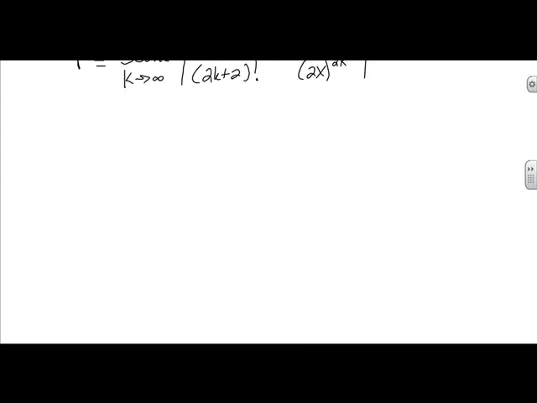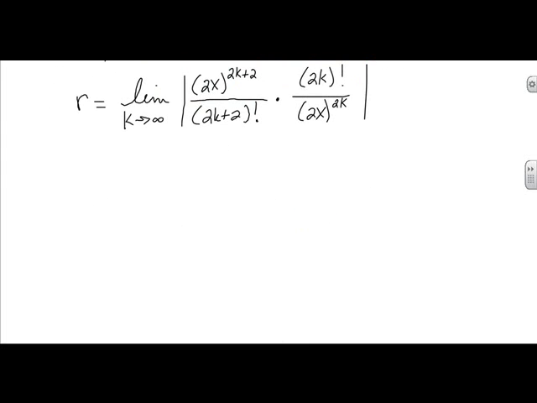Okay, I'll leave the interim steps to you, because I think you can do that. I end up with, after a step or two, k approaching infinity, and we've got the quantity 4x squared over 2 times k plus 1 times 2k plus 1.